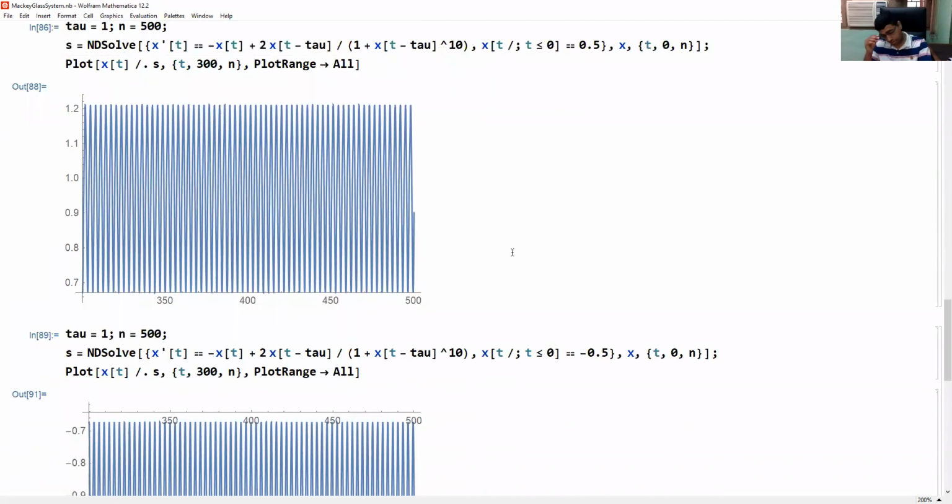Okay, now we sketch this in phase plane as we already have discussed. Let us sketch x of t minus tau versus x of t, in both the cases.